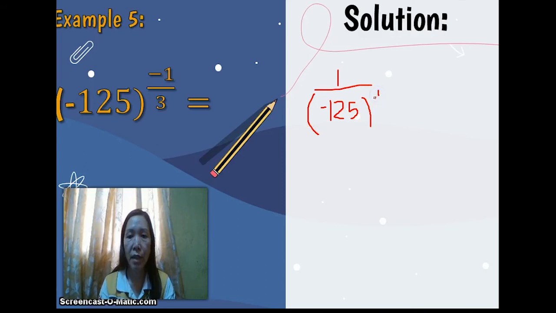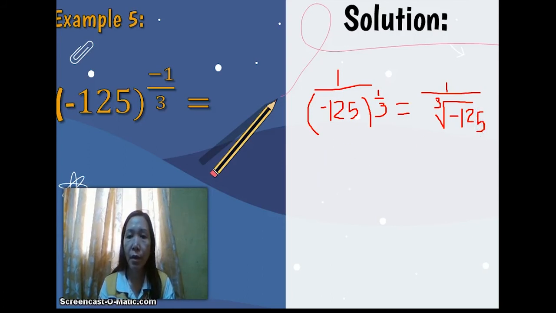This is already positive. Next, before we write this in radical form, we have 1 over the cube root. Can you follow? The cube root of negative 125.